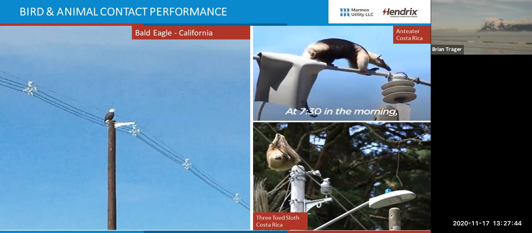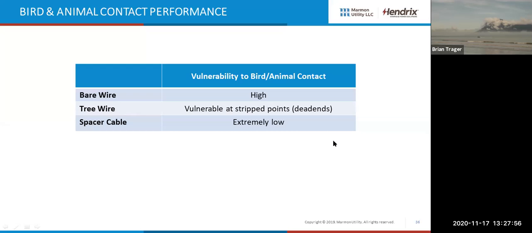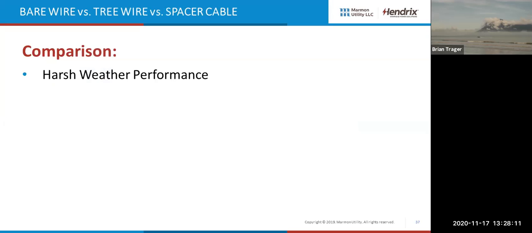We've got eagles and animals that climb on power lines, and sloths and anteaters, and there's a whole bunch of other animals, but these are just some of the better pictures that we have. So bare wire has a high vulnerability to bird and animal contact. Tree wire is only vulnerable at the strip points and the dead ends, and spacer cable has extremely low vulnerability.